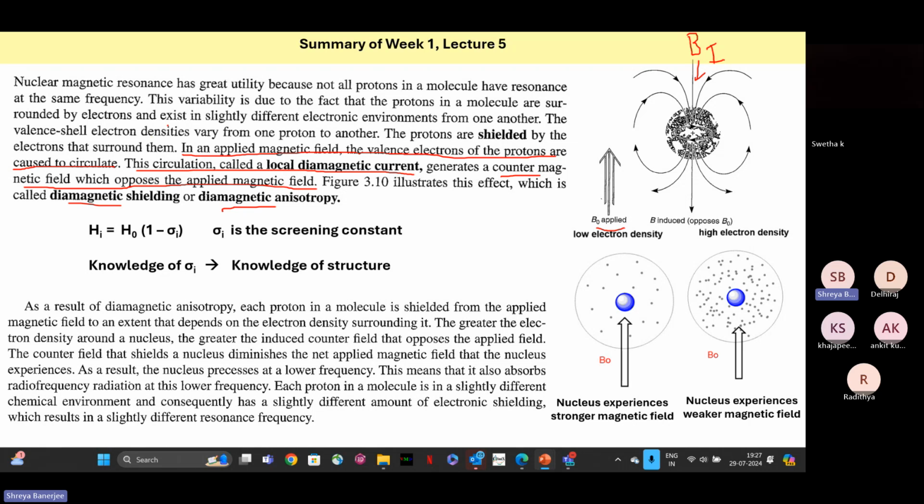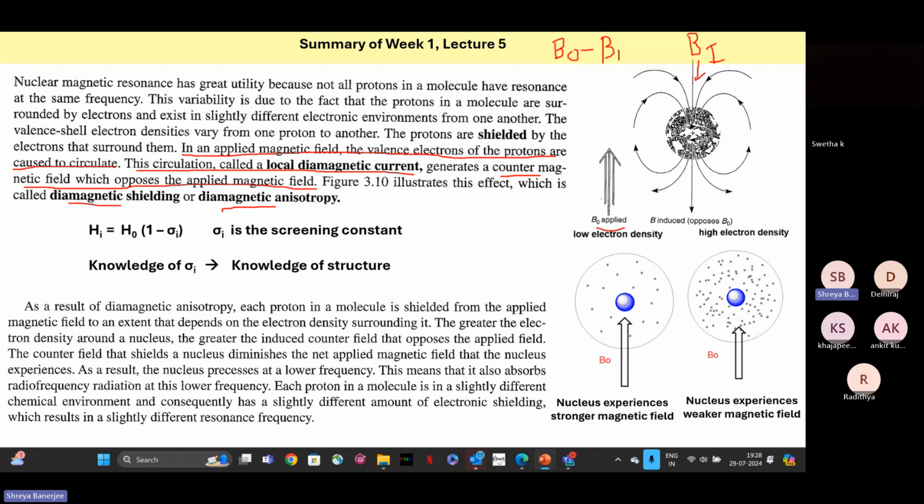Basically, if you have an isolated nucleus without any electrons, the nucleus will observe full B0. But if you have electrons, then the field observed by the nucleus is actually B0 minus Bi.